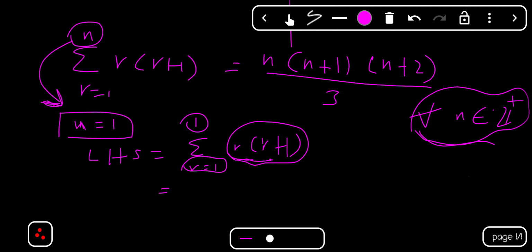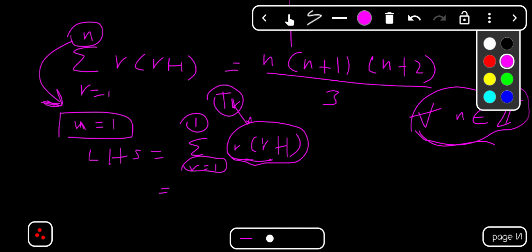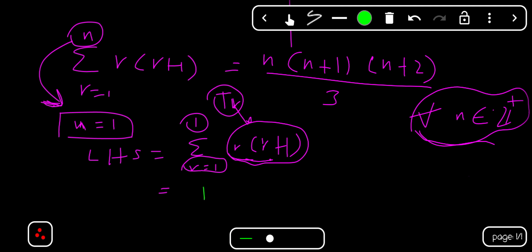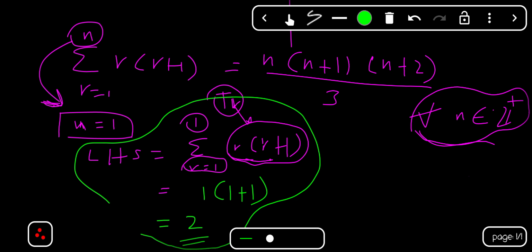If you are looking for the first term, r is replaced with 1, so 1 times 1 plus 1 is just 2. So the left hand side is equal to 2.